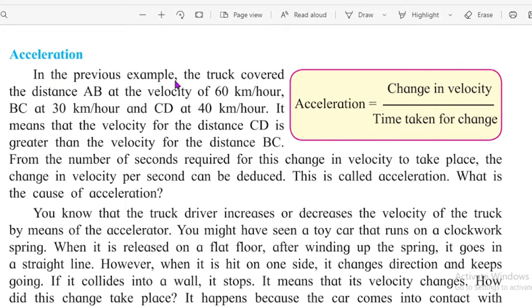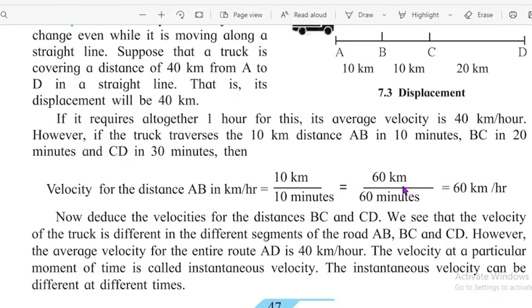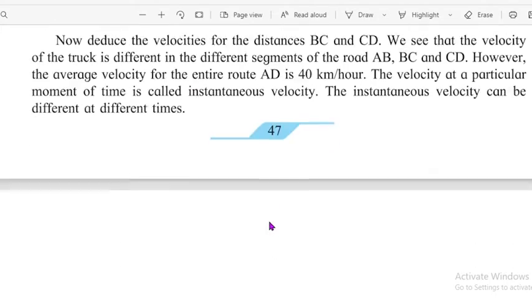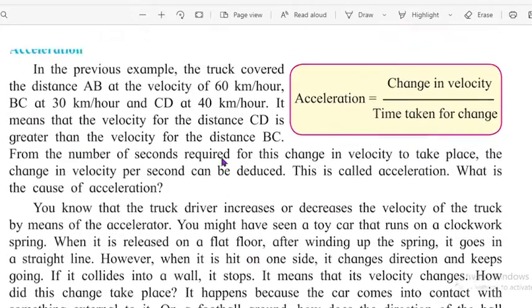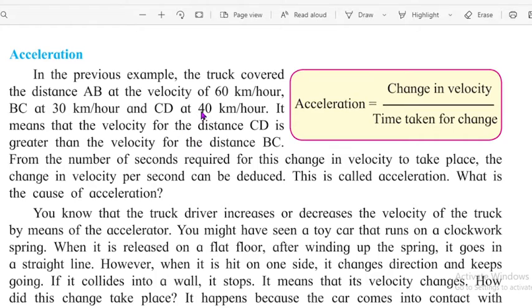In the previous example, the truck covers the distance AB at a velocity of 60 km per hour, which you have already seen here. BC at 30 km per hour and CD at 40 km per hour.